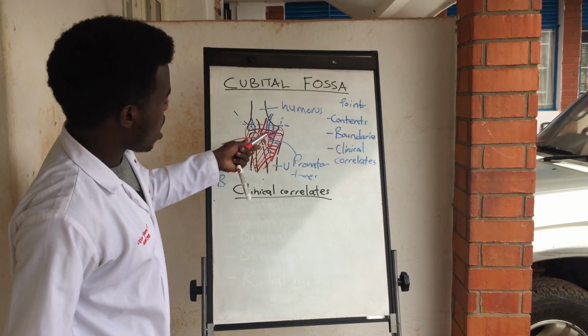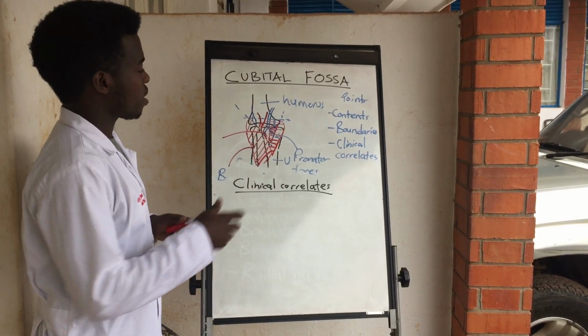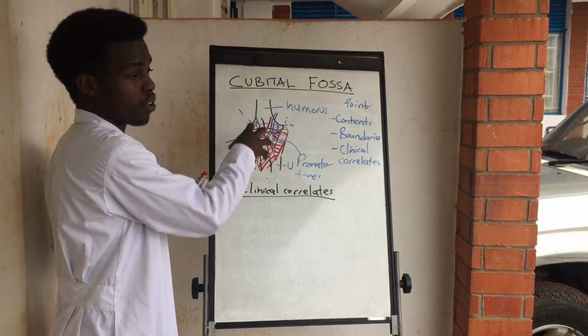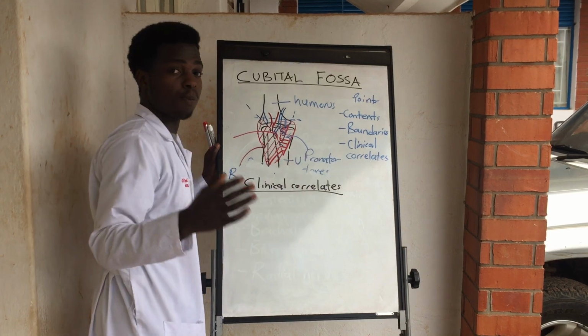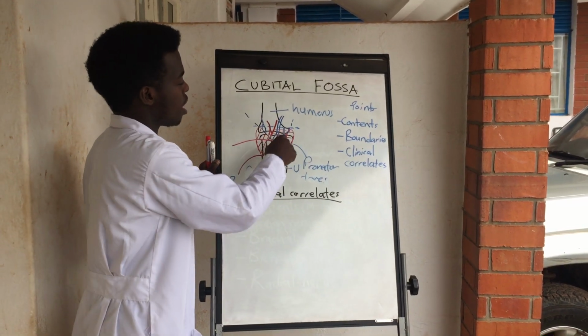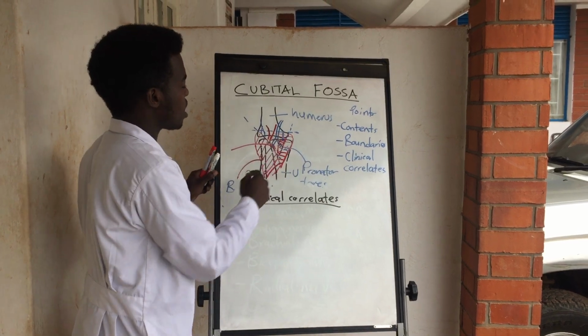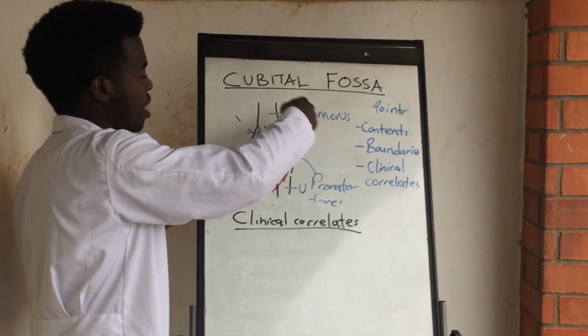First of all, you look at this carefully. In the superficial aspects, I told you there's an important structure, the vein there. That is the cubital vein that joins the cephalic and the basilic vein.